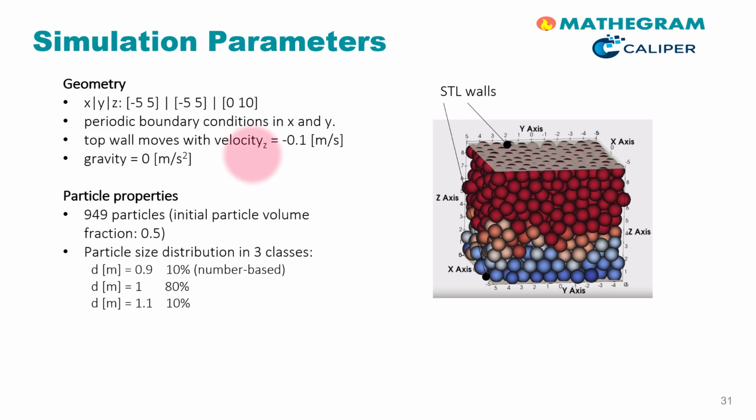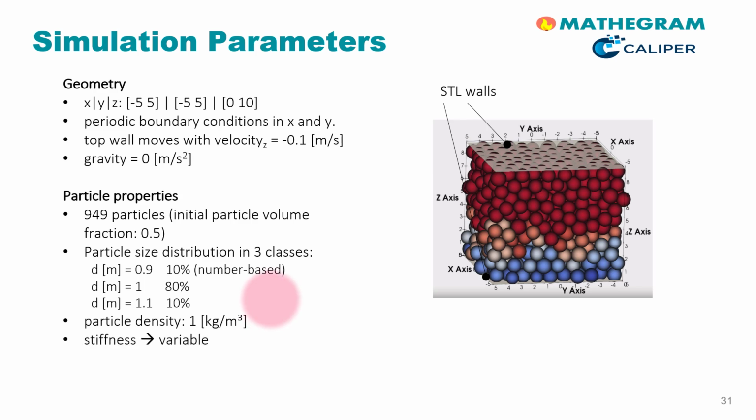The particle properties are as follows. We use approximately 949 particles to reach an initial particle volume fraction of 0.5. The particles feature a size distribution which is realized by dividing them into 3 classes as shown here. The particle density is chosen as 1 kilogram per cubic meter. This makes our life easier when normalizing the results.